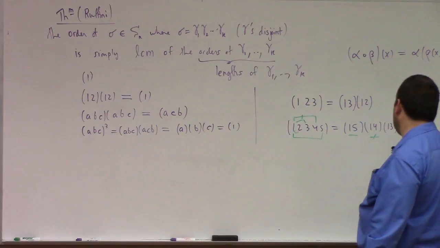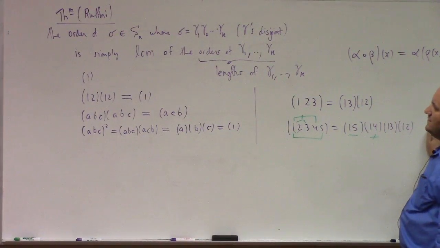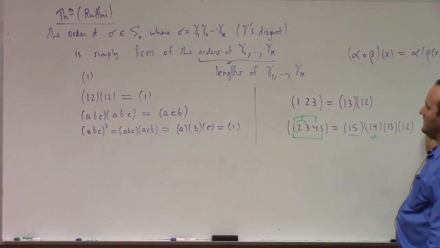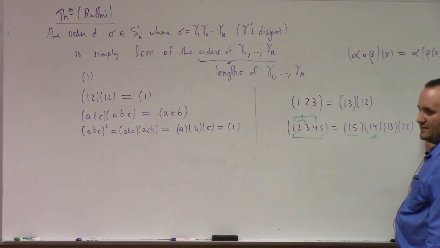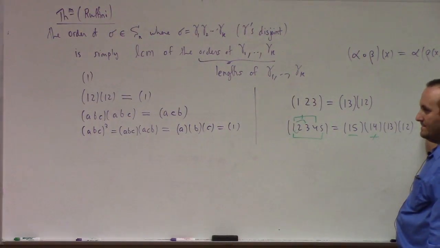But I think, is that right? If all the numbers are the same, is the least common multiple the number? How do you define least common multiple? If you do prime factorizations, isn't it?